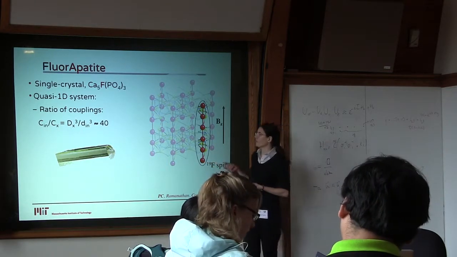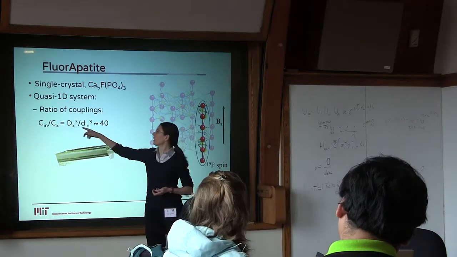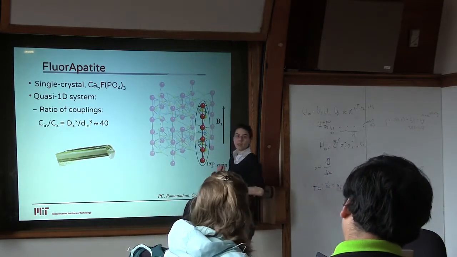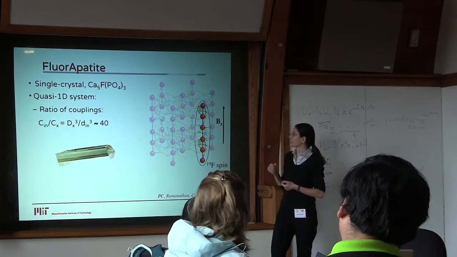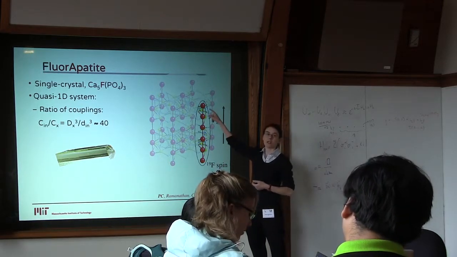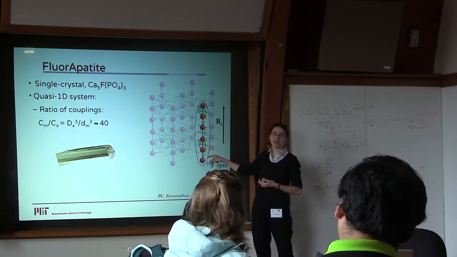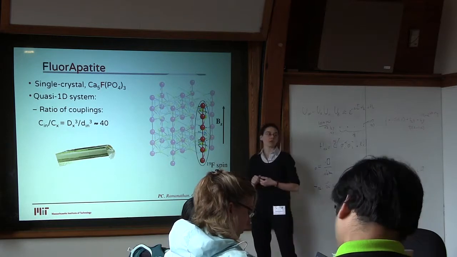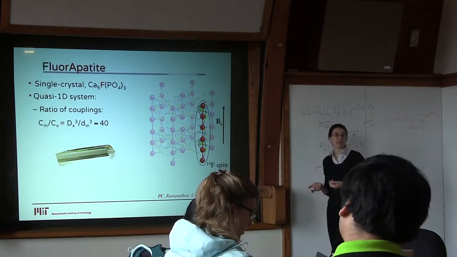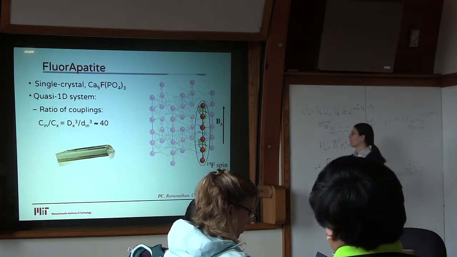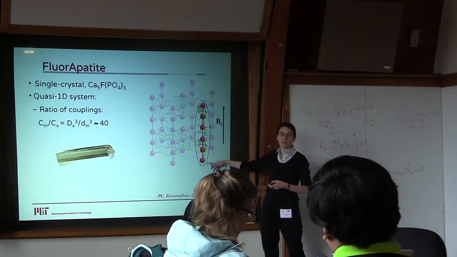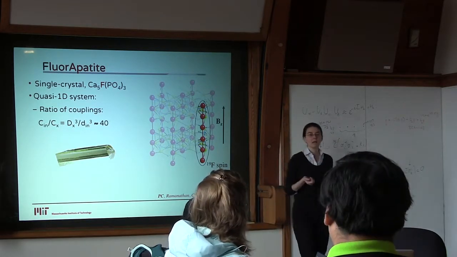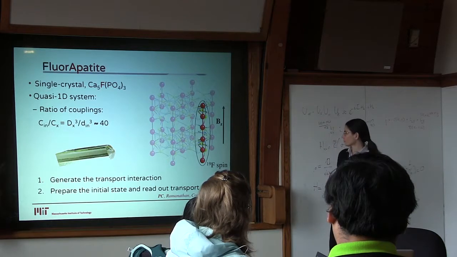This is coupled to the fact that the coupling strength goes as the distance cubed. And so the coupling inside the chain is around 40 times larger than the coupling to another chain. So for the type of dynamics and times that we use, typically what we see is a behavior which mimics very nicely the 1D behavior that we have.